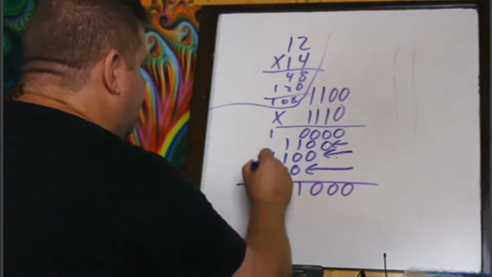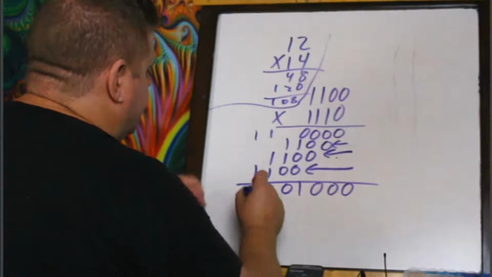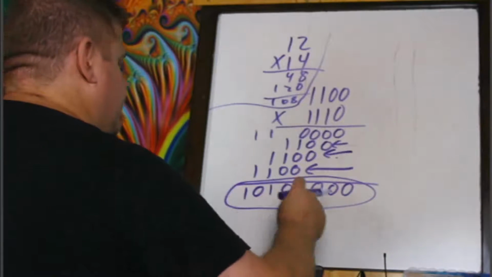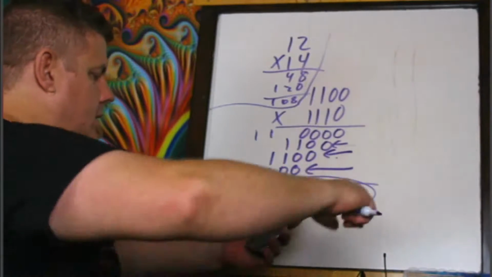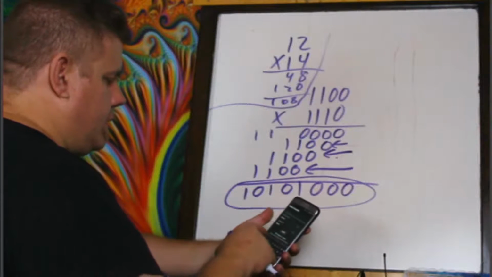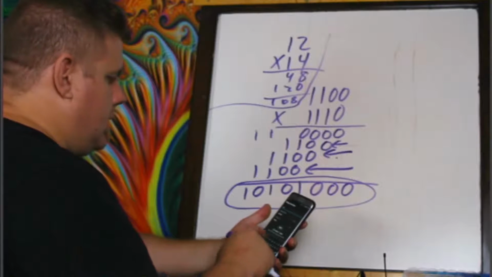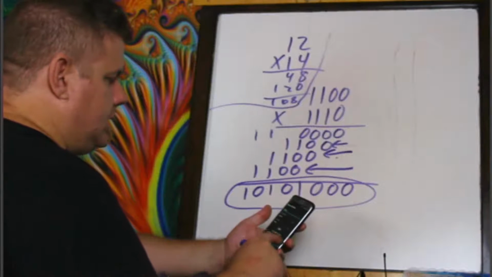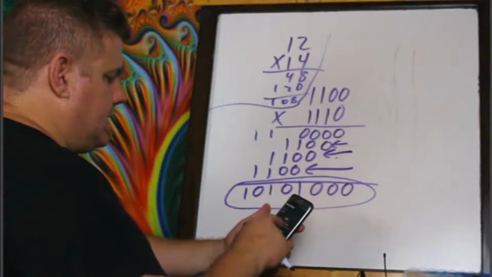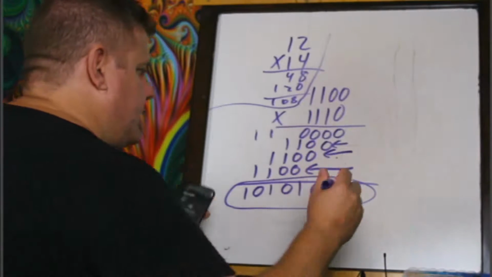That's 1, carry the 1. 1 plus 1 is 2. So here is my answer. And then I can take my converter, 1, 0, 1, 0, 1, 0, 0, 0, convert from binary to decimal, and I get 168.